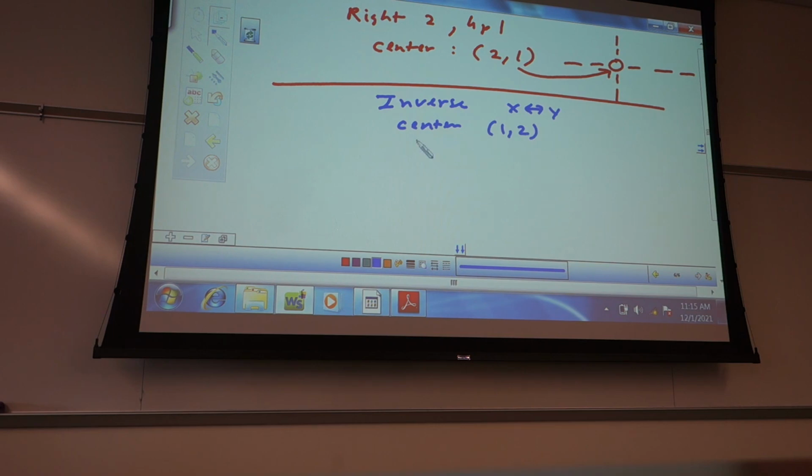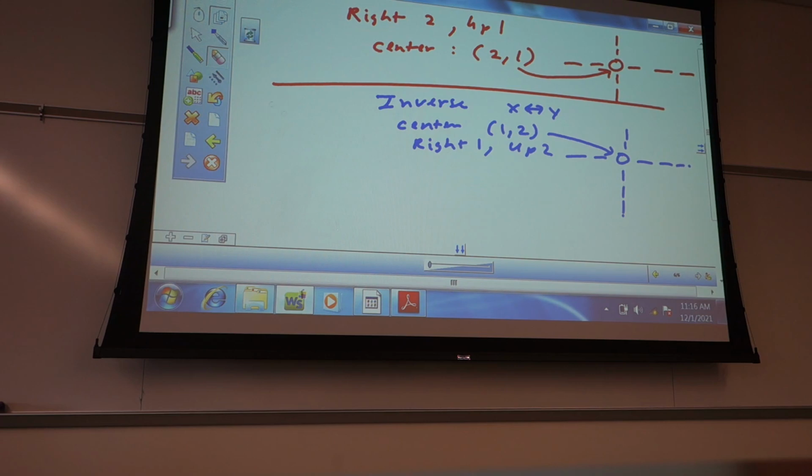Which is right 1, up 2. So this center would be at 1, 2.